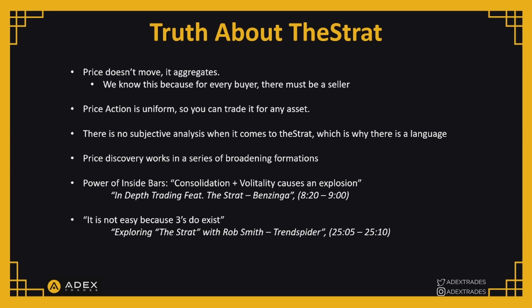Price discovery works in a series of broadening formations, and we know that because outside bars exist. An outside bar cannot occur without being a 2 first. You can go long on a stock, but then price falls and goes against you and breaks the previous low. This creates that failed 2 up, and it can lead to a 3 being created, which is that outside bar.